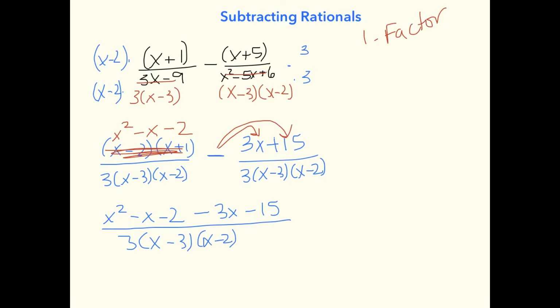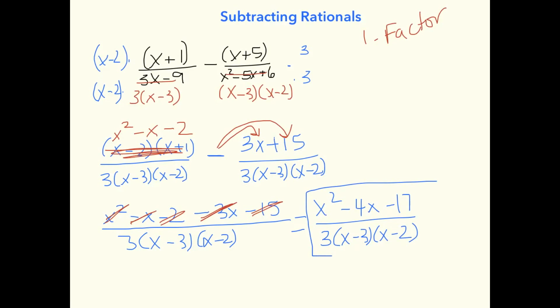And then we just need to continue to combine our like terms. We've got a negative x and a minus 3x. We have an x squared, and then minus x minus 3x is minus 4x. And negative 2, negative 15 becomes negative 17. All over, again, our common denominator. Once you've made a common denominator, you never change it. You only worry about the numerator.